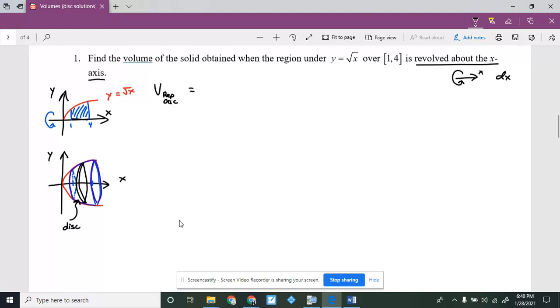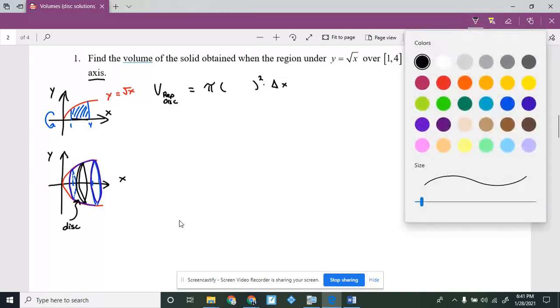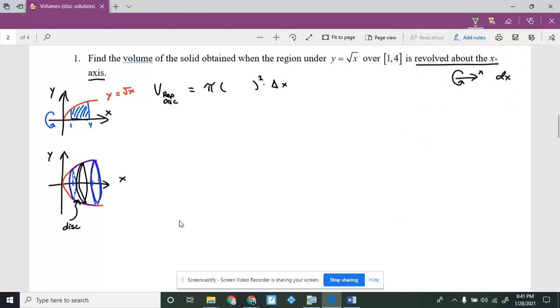So, all right, well, what is the volume of a representative disk? Well, it's the area of the cross section, so pi r squared, and then delta, whatever I'm perpendicular to, which in this case is the x-axis. So that's set up. So now what's the radius? Well, the radius is the functional distance from the x-axis to the curve. So that's just touching this curve.